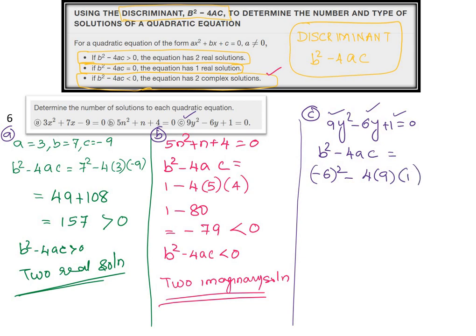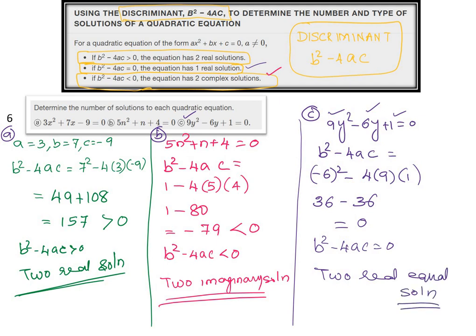We can simplify that. Negative 6 square is 36, and 4 times 9 times 1 is 36. So 36 minus 36 equals 0. That means b square minus 4ac equals 0, which means two equal solutions, two real and at the same time equal solutions.